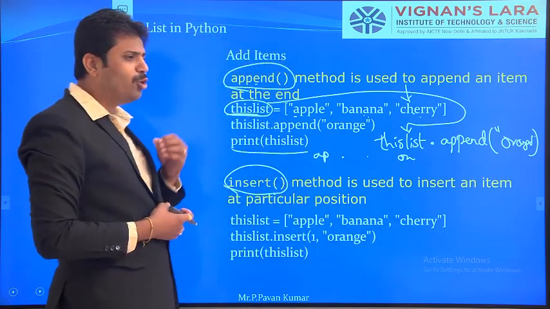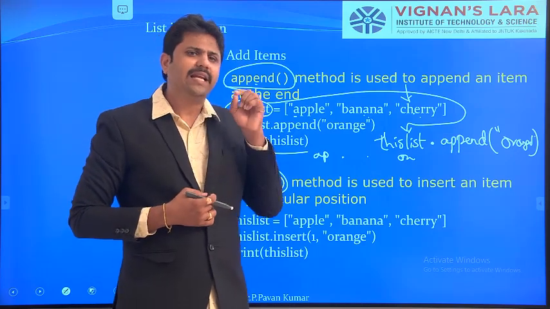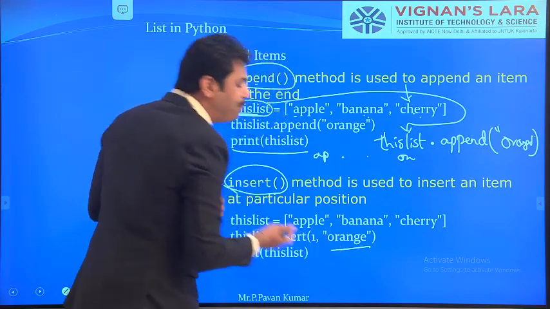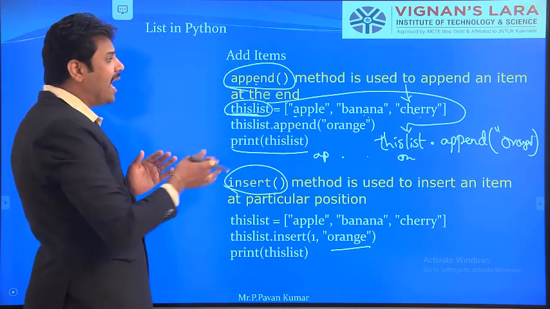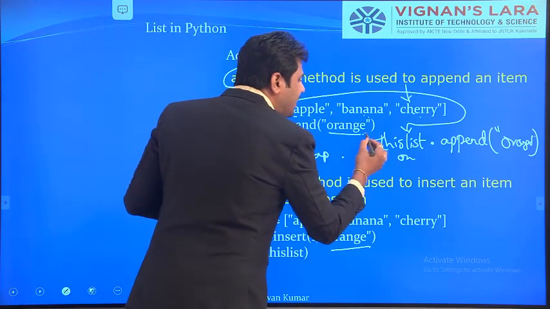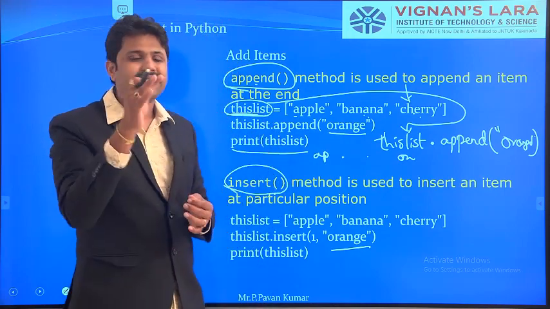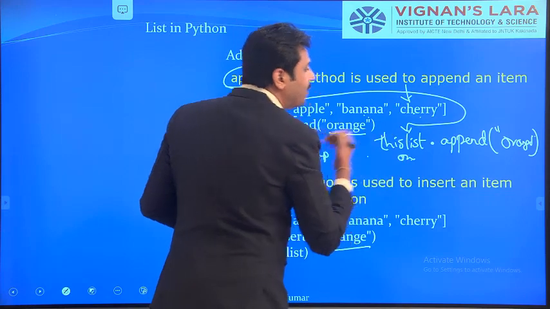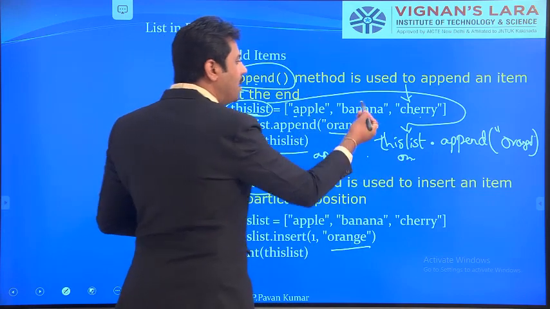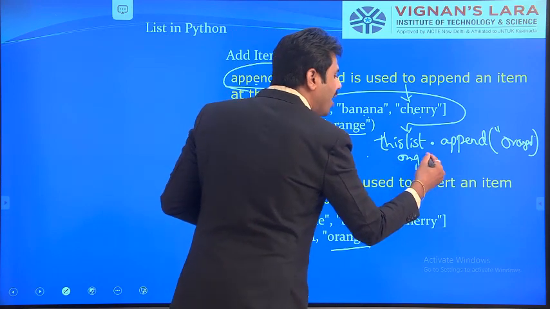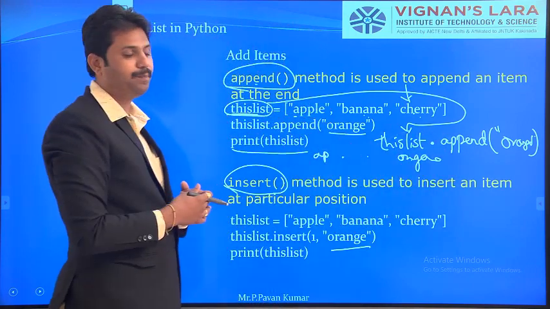Next, I want to insert orange at a particular position. Here, I'm appending orange and I have not mentioned any position, so it must be added at the end only. So the first is apple, banana, and cherry, and fourth, orange is going to be added.